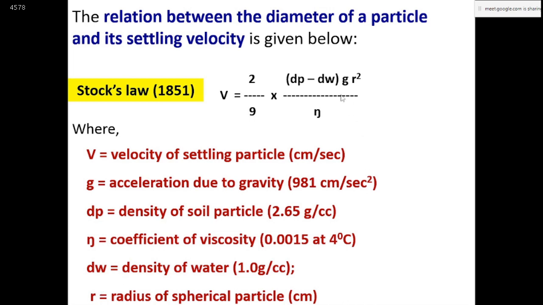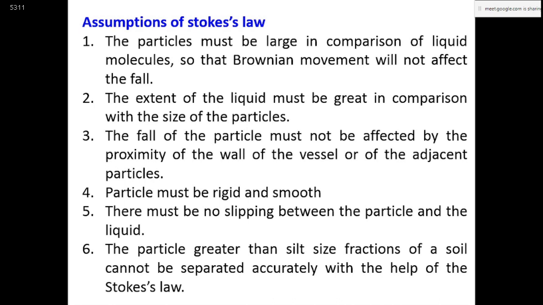Then the density of water, the density of the soil particles, this radius, and then the acceleration due to gravity. All these are included, and Stokes law is stated like that. By this way we can do the mechanical analysis, or the particle size distribution.